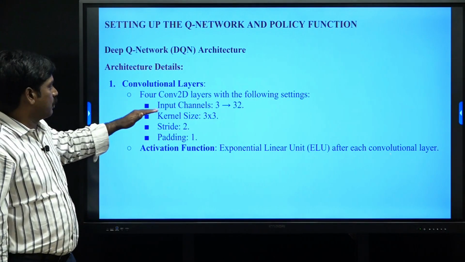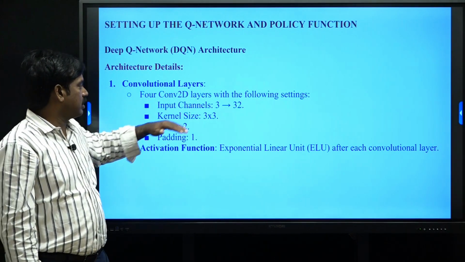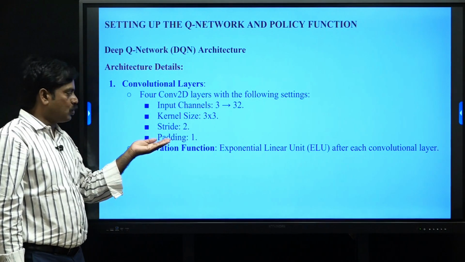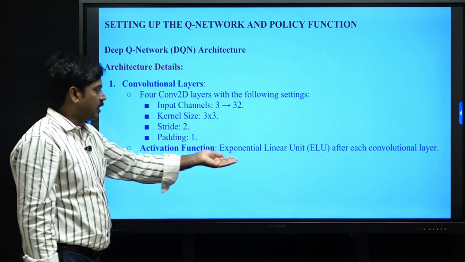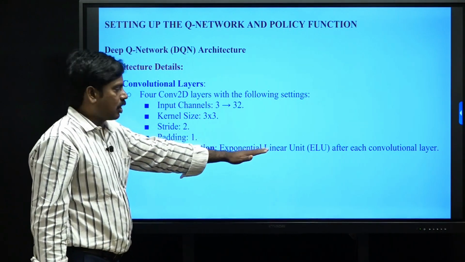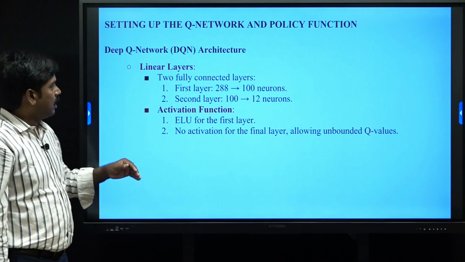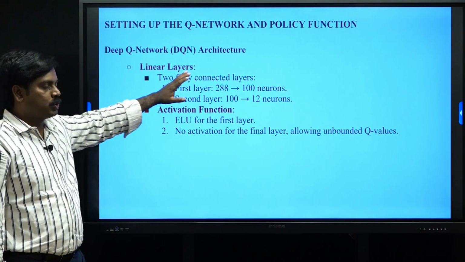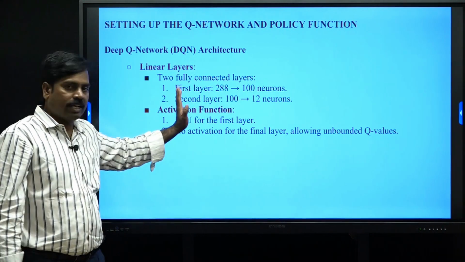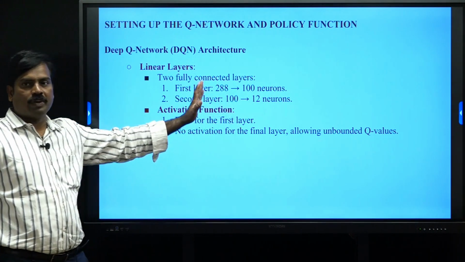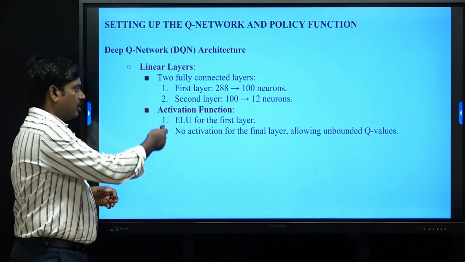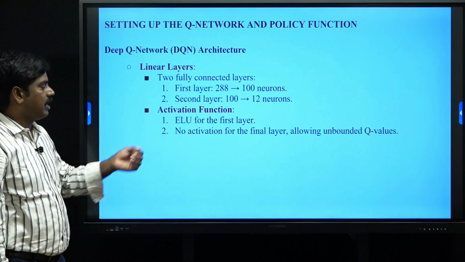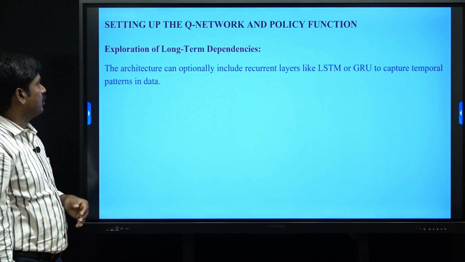We use four convolutional layers with kernel size 3 by 3, stride 2, padding 1, and ELU activation, and two linear layers: the first is 288 by 100, the second is 100 by 12. In the first layer we apply ELU, in the second we apply no activation. This is the architecture of the DQN.